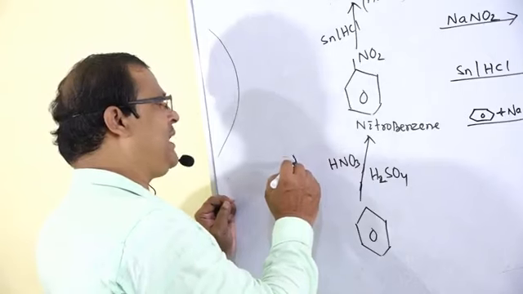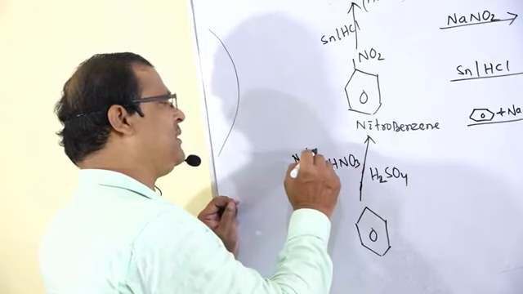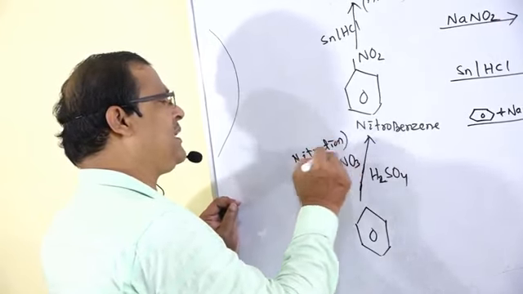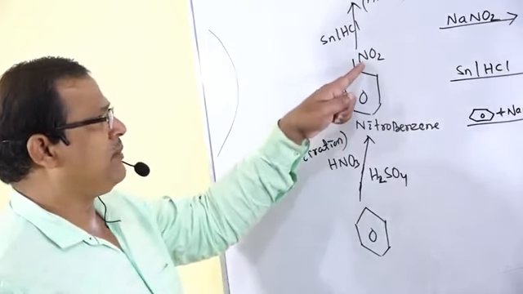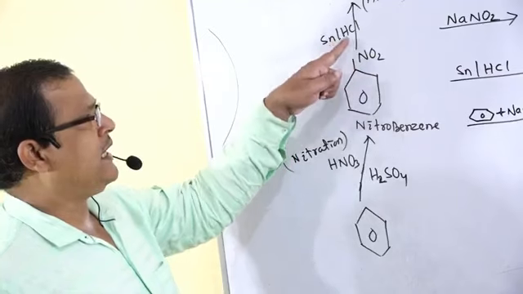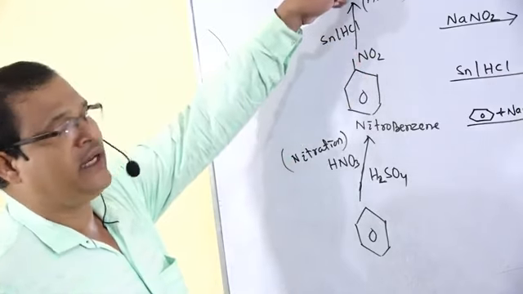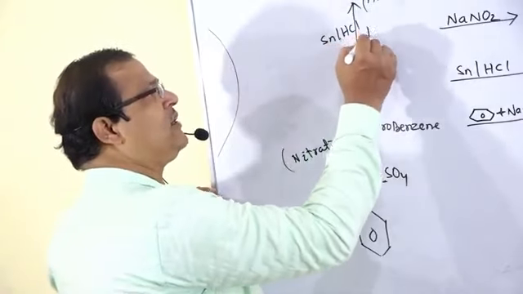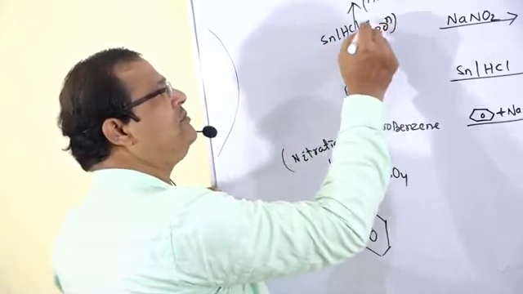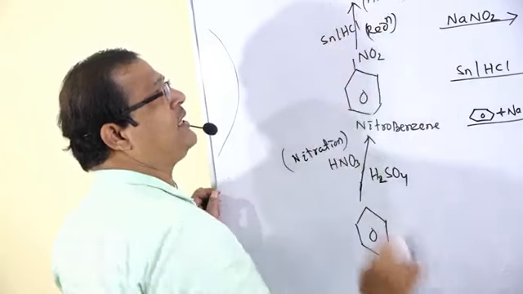This is the nitration of benzene, meaning the entry of an NO2 group in the benzene ring. With tin and HCl, the NO2 group is converted to NH2 by the process known as reduction.